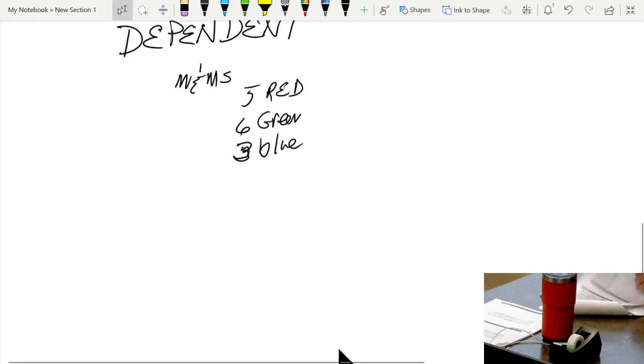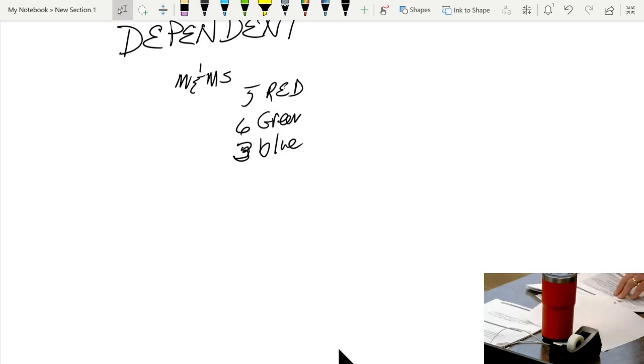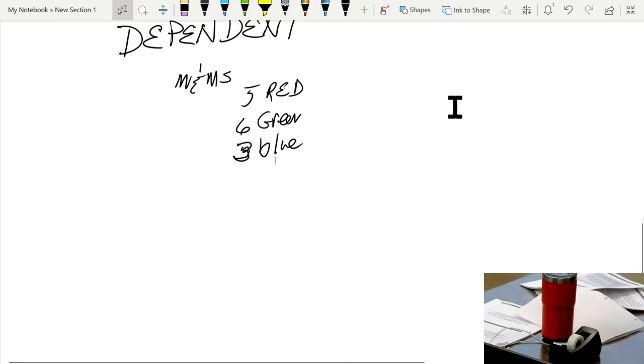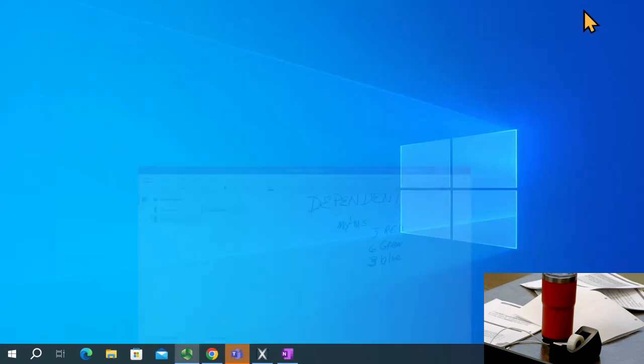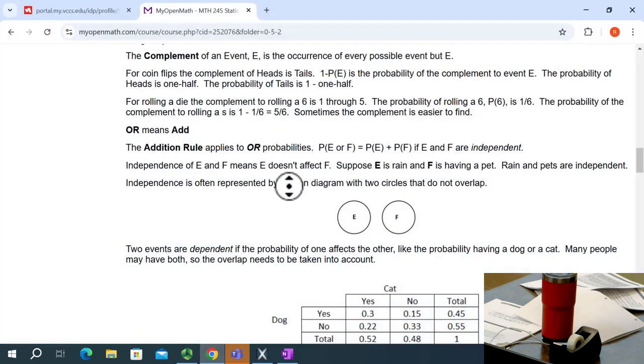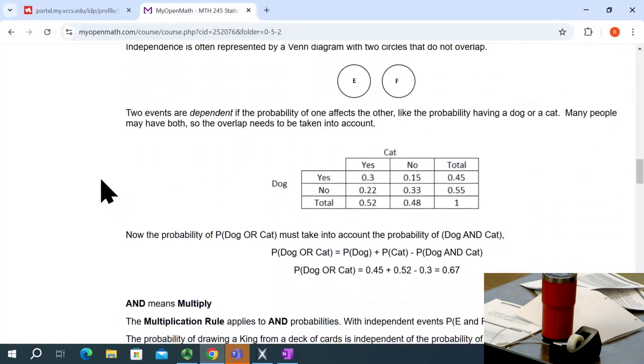The easiest way to do probability is to look at a contingency table.